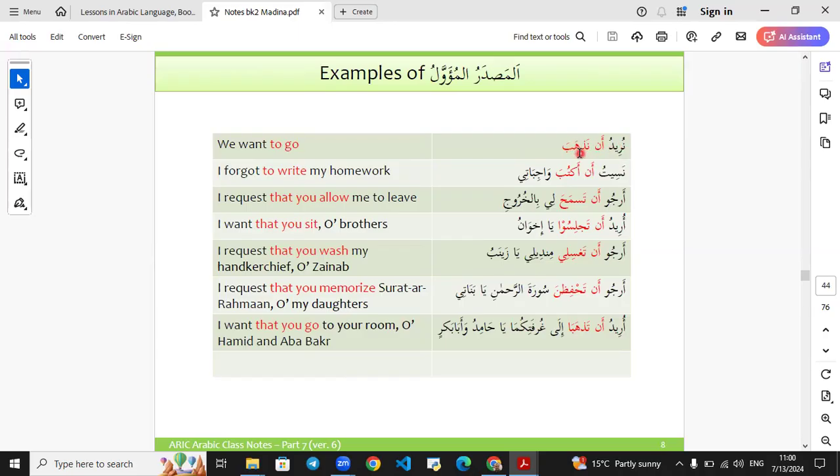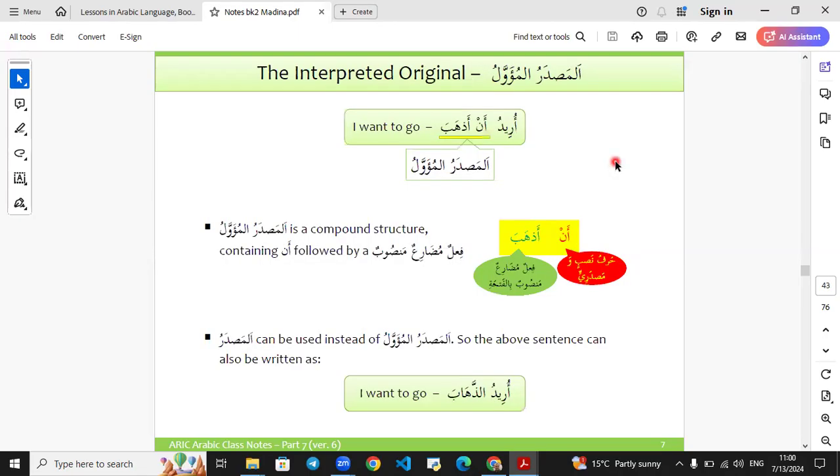So nadhab is changed into an nadhaba. This is al-masdar al-mu'awwal. So if I tell you we want to change this into masdar, do you still remember? We say dhahab.